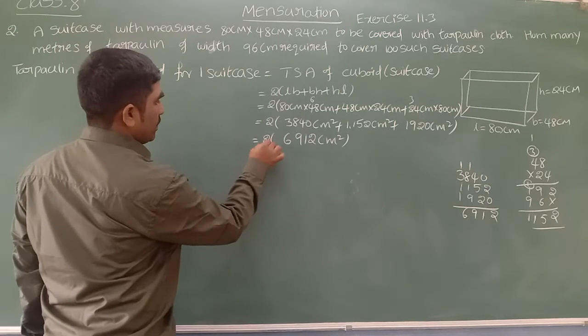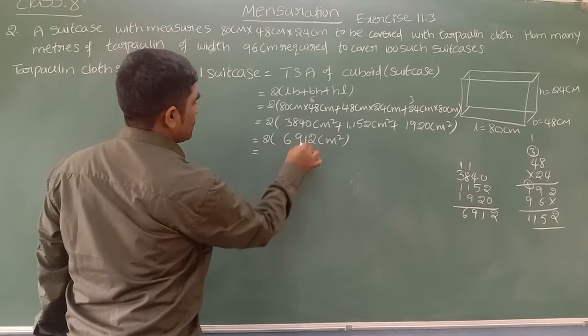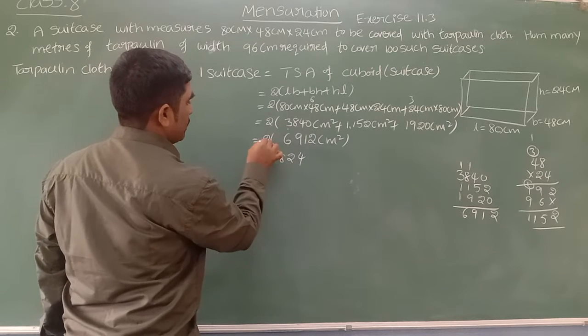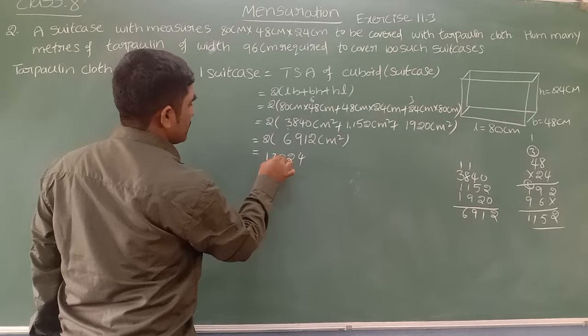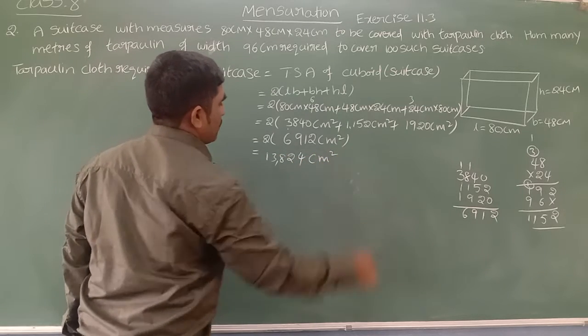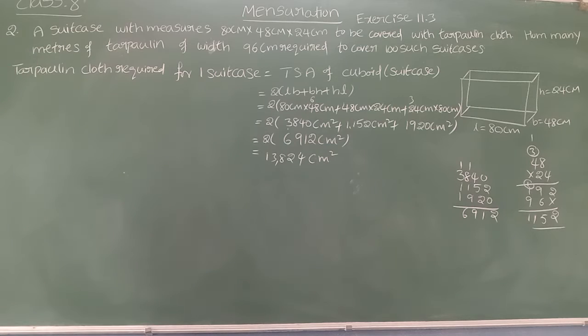Now multiply by 2: 13,824 square centimeters of tarpaulin cloth is required for what?